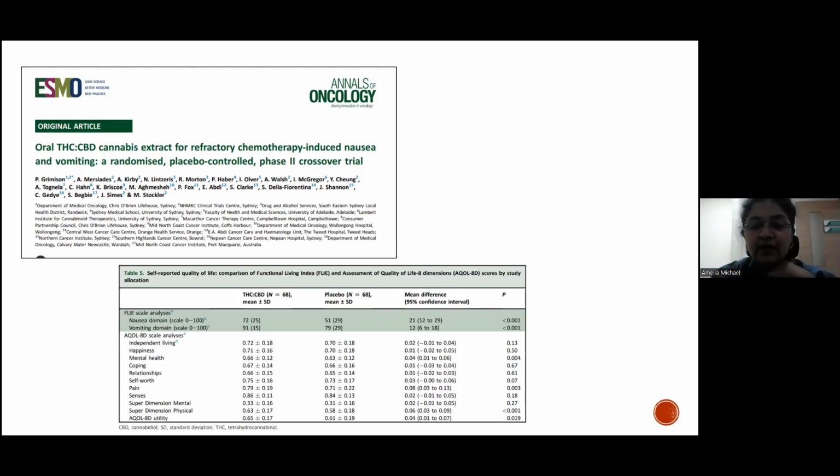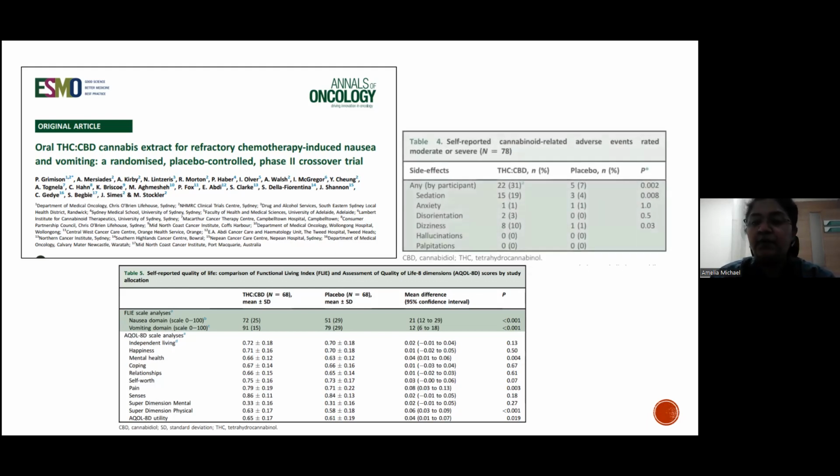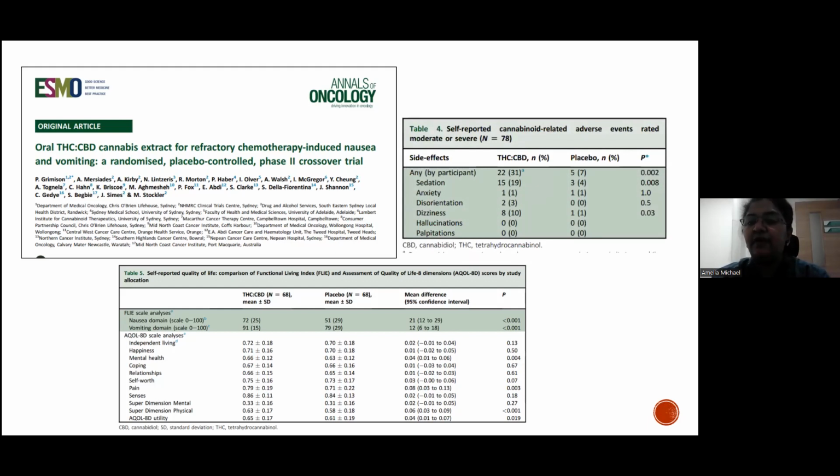Now, what they found is that, yes, compared to a placebo, the THC and CBD combination did show a betterment. The quality of life didn't show so much improvement, but the functional living improved. But they found that the adverse effects with THC and CBD were much higher than with a placebo.